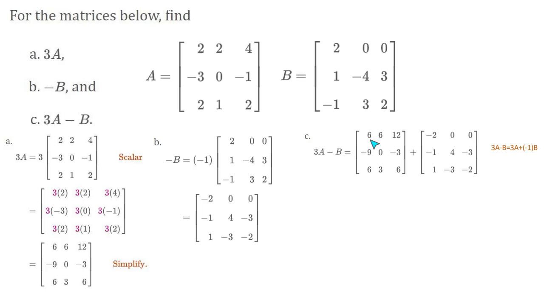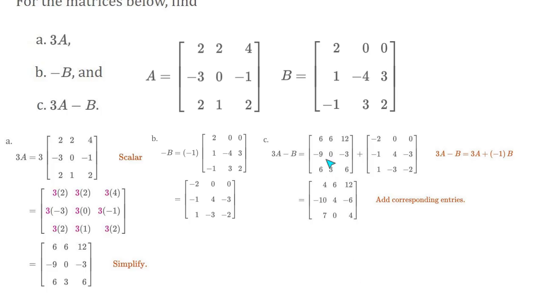To add, you want to check to make sure they have the same order. This is 3 by 3. If somebody says, do they have the same order, they're just saying, what is the dimension or what is the size? So this one is a 3 by 3 and this is 3 by 3. That means we can add them together.